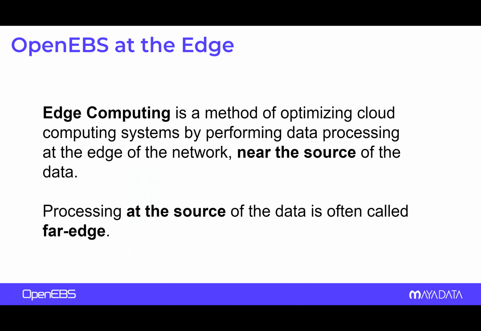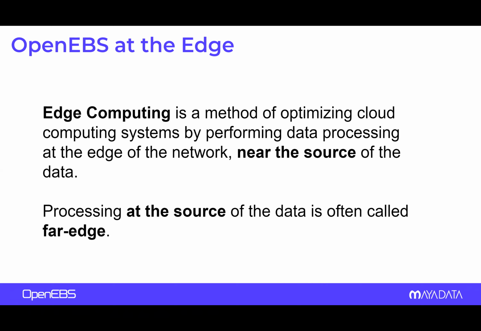Edge computing is a method of optimizing cloud computing systems by performing data processing at the edge, near the source of data. Most of the telcos are in that category, but processing at the source of the data is often called far edge. This is a big opportunity OpenEBS is enabling.